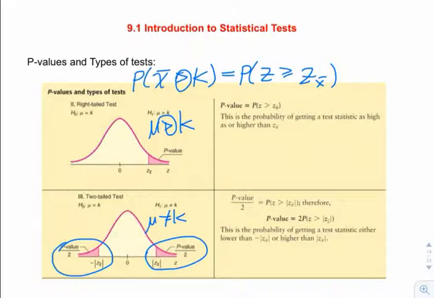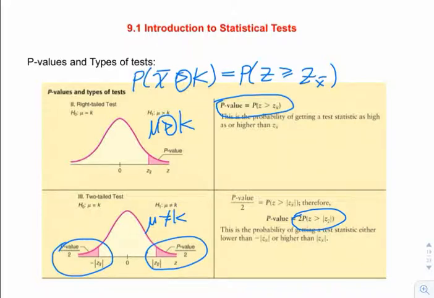Okay, so what we're going to do is just find the value of one tail and we will double it. We want to know what is the probability of being further from the mean than z x bar or negative z x bar. So what we're going to do is we're just going to double our probability. The probability is going to be half of the p-value. In the example above, the p-value and the probability are the same.